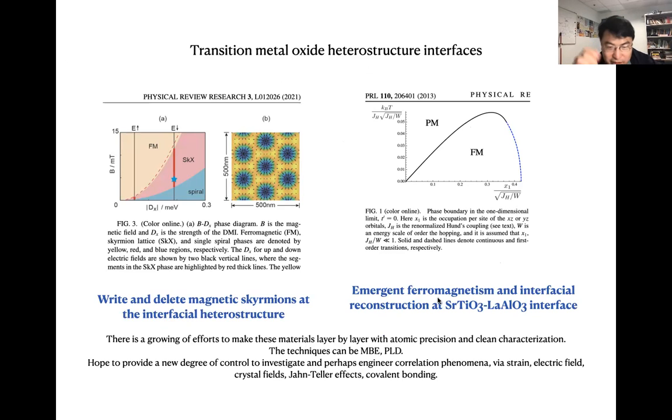The experimental techniques can be so-called molecular beam epitaxy, pulsed laser deposition, and the hope is we'll be able to provide some degree of control to investigate, perhaps to engineer, surface and interfacial engineering of the many-body phenomena from strain, lattice effects, electric fields, external electric background voltage, crystal electric fields, and Jahn-Teller effects, mixed valence bonding by doping, etc. And we hope to have some degree of control of the many-body phenomena, and eventually have some understanding.